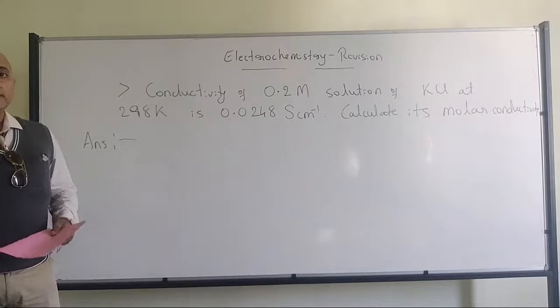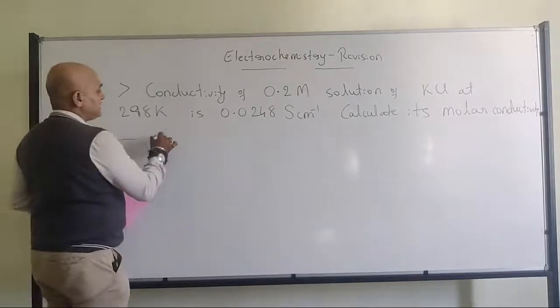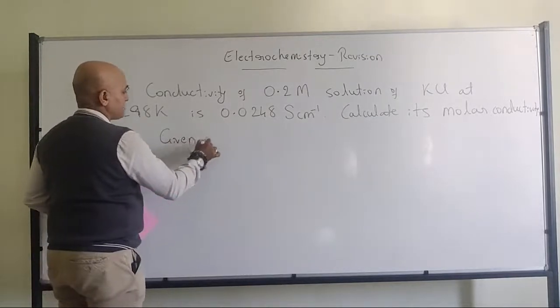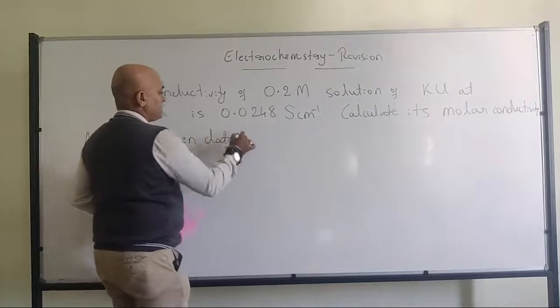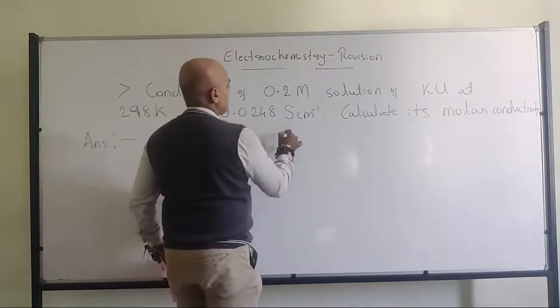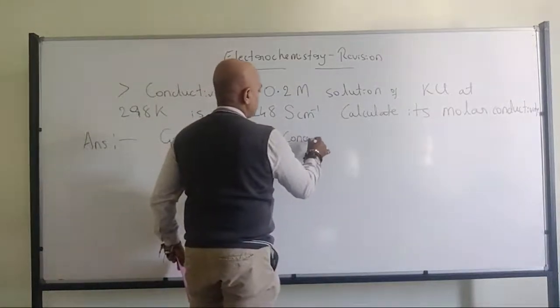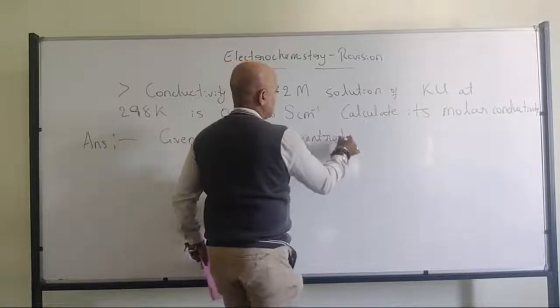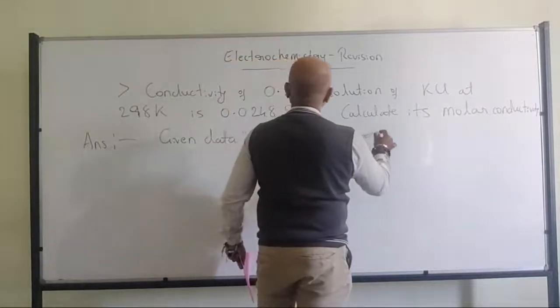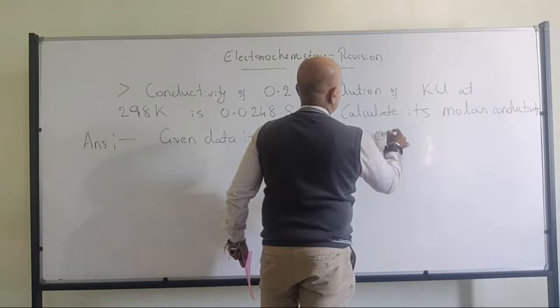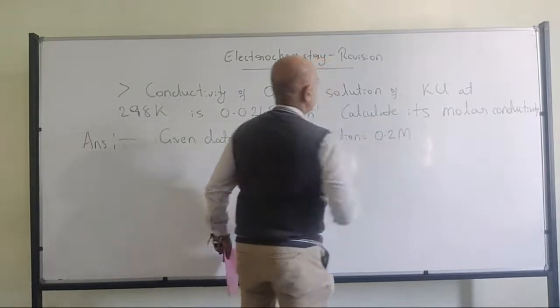Answer. First, always you should write the given data. According to the given data, what have they given? Concentration, C, is equal to 0.2 molar.